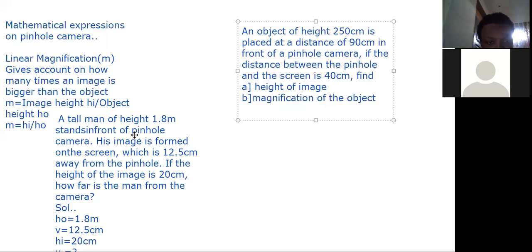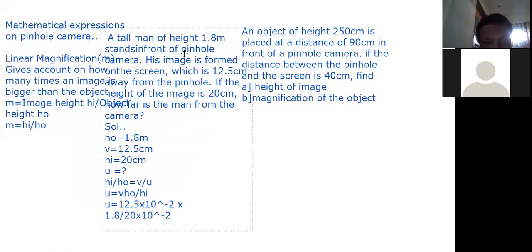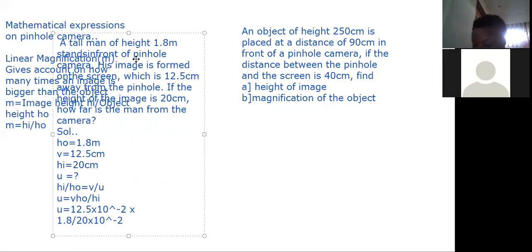What do you get for the image distance? The question says find the height of the image. 1.11 meters.